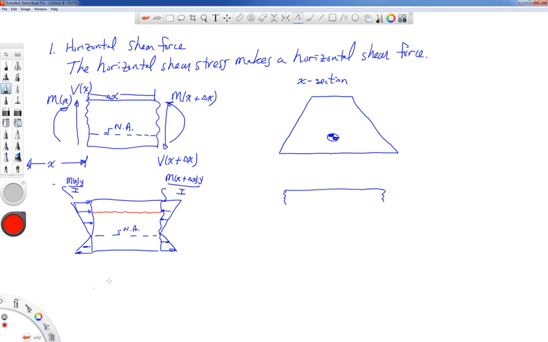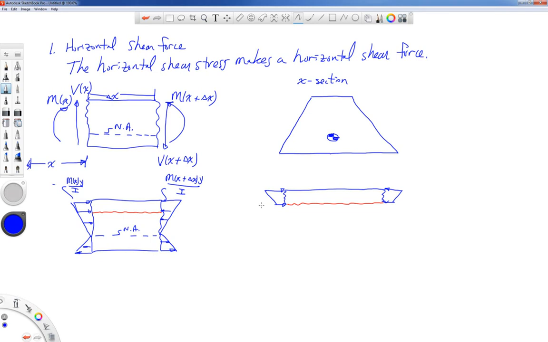I'm going to draw that over here, where that red line is where I'm making my cut. And I want to show the stress distributions on the left and the right side. Now we're not at the neutral axis, so there is some stress right on that red line. Okay, so the stress distribution makes kind of a trapezoid shape.